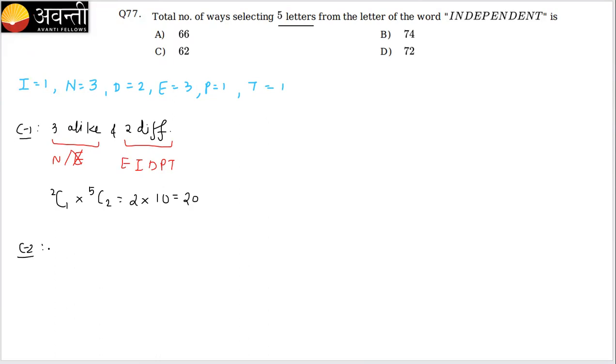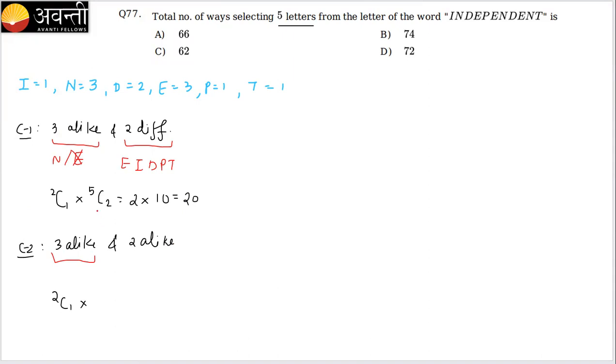Case 2. It may look lengthy, but it is lengthy actually. We have to make many different cases. Your second case will be 3 alike and 2 alike. From 3 alike, we can select N or E, so it will be 2C1, and 2 alike.